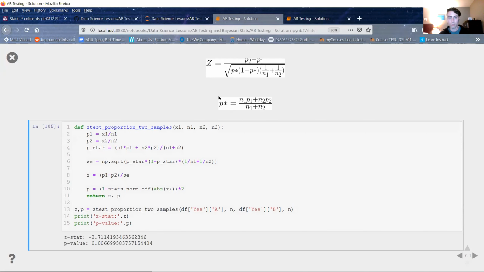So using this formula, we can make a little function here to calculate a z-test for two proportions. So we find P1 and P2. Okay, so X1 and X2 as arguments here, those are basically how many yeses we got in the group. So for our data frame, I think we had, let's see.